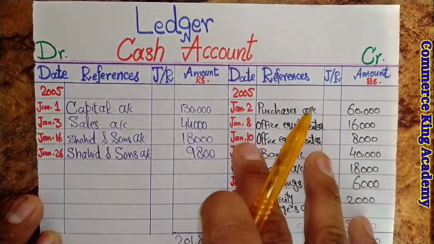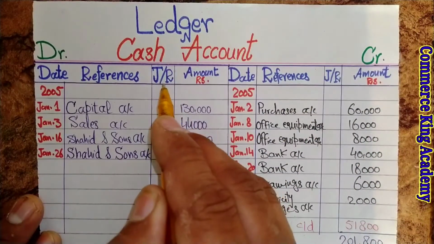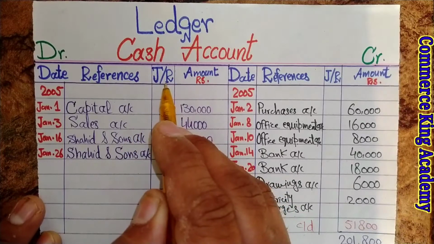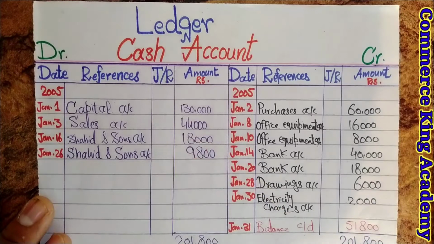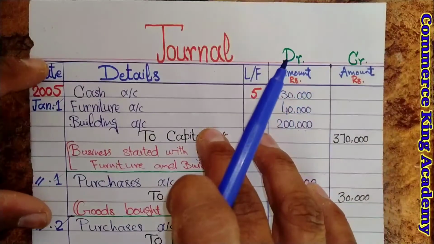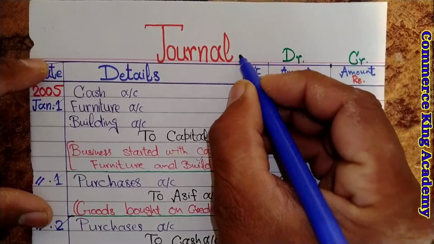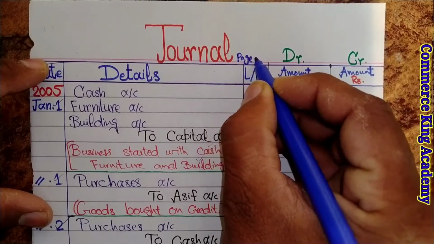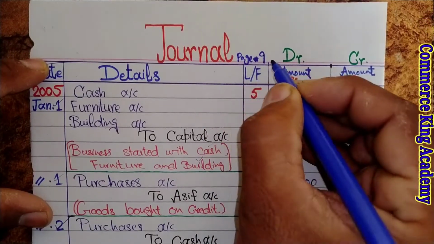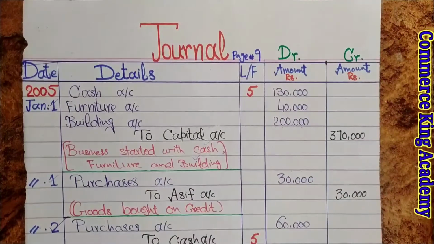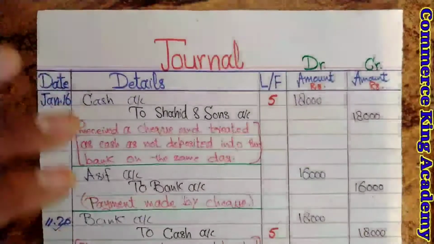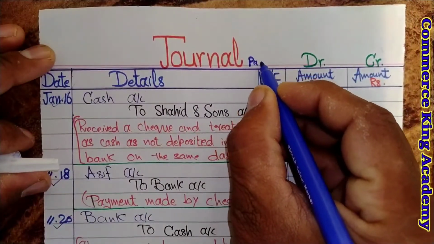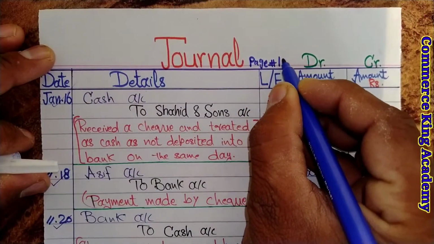I want to share another concept here, which is journal reference. Journal reference is the reference to the page number where the journal entries exist. For example, this is a journal page. We will give the page number 9, and we will give the second journal page number 10.